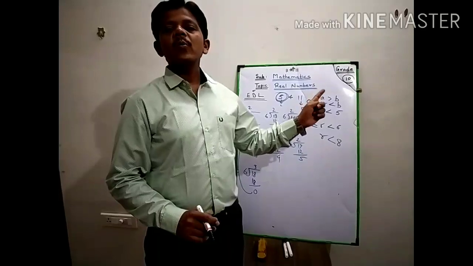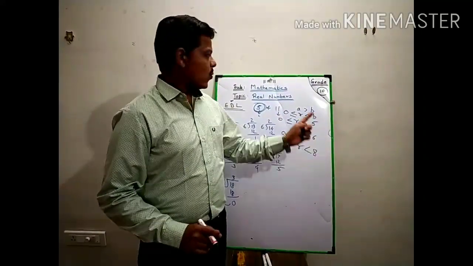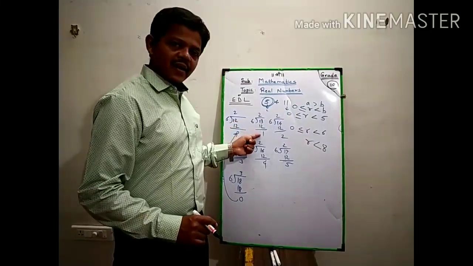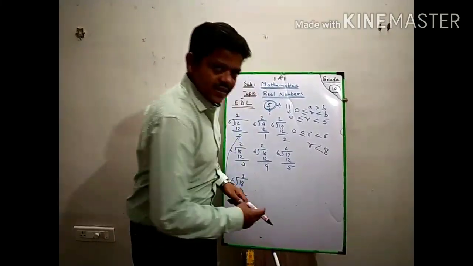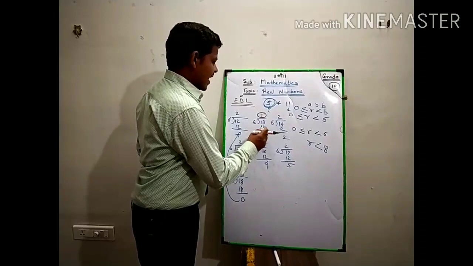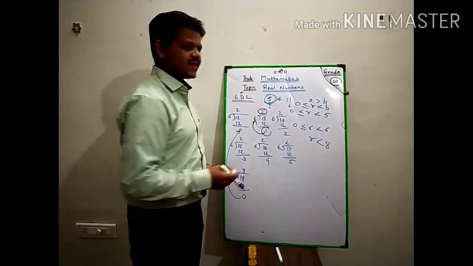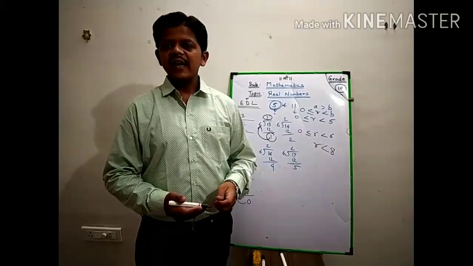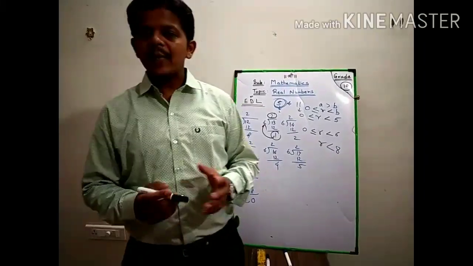A is equal to BQ plus R, where A is always greater than B. Q and R are the new set of integers such that this R is always less than B. This is our Euclid's division lemma.